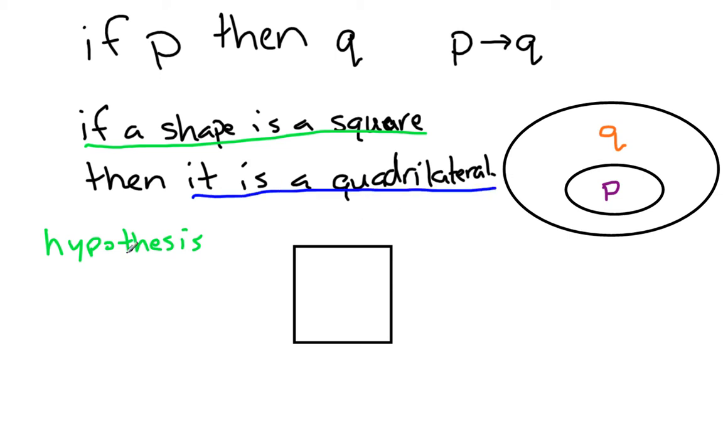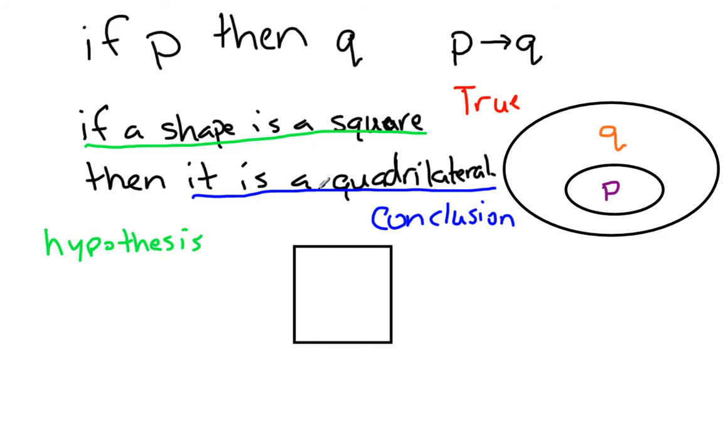This is our, maybe you can come up with this word, your hypothesis ends with a conclusion. And we check to see if our hypothesis is true, does it make our conclusion true? So this square, yes, is indeed a quadrilateral. So this statement is true. It's a true statement. Okay.